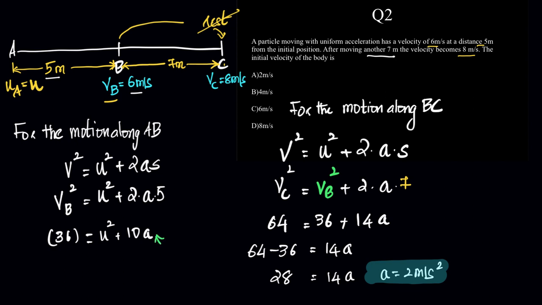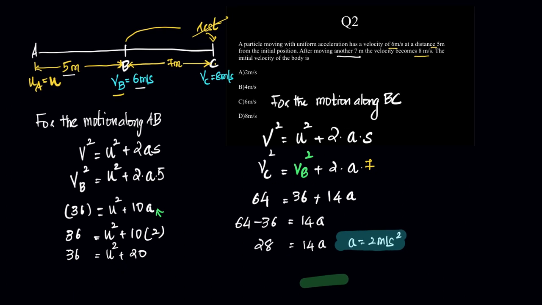What do we get out of it? So we get 36 is equal to u square plus 10 into a, which is 2. So we get 36 is equal to u square plus 20, which means u square is equal to 36 minus 20, which is 16. So u is 4 meter per second.